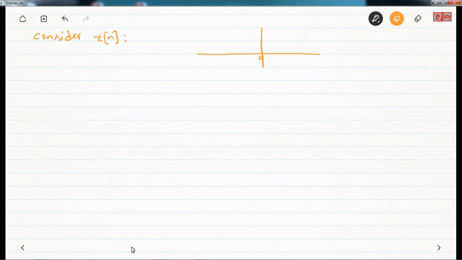This is 0. This is -1, -2, -3. Its amplitude is -9, and its amplitude is -4, and its amplitude is -1, and at 0 this is 0, and at 1, 2, 3.